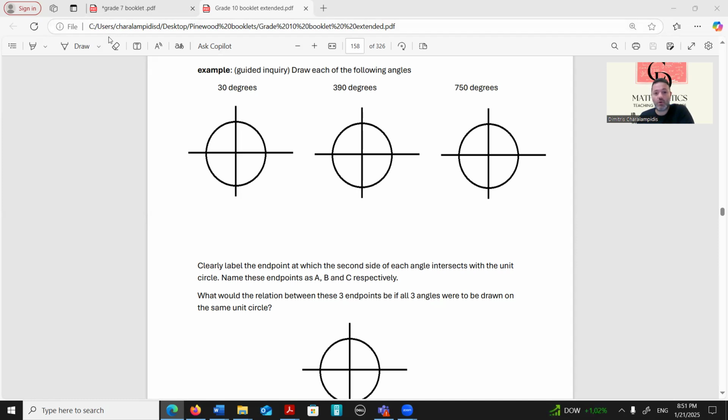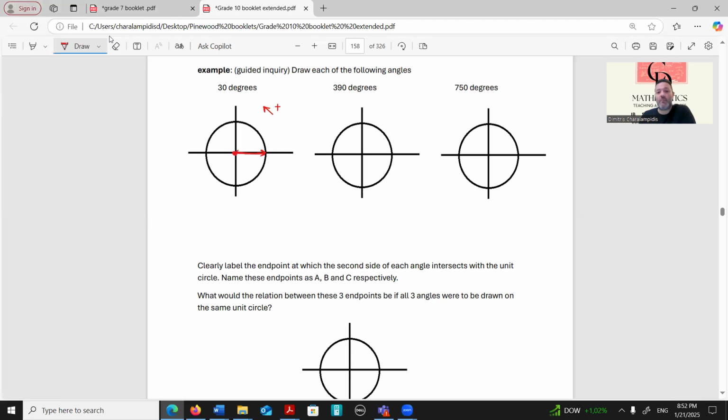We need to draw each of the following angles: an angle of 30, an angle of 390, and an angle of 750 degrees, respectively. I will use three different colors for that. 30 degrees. Remember that when we are given a unit circle, every single angle is drawn by starting its first side lying on the positive horizontal direction and then moving in an anti-clockwise manner.